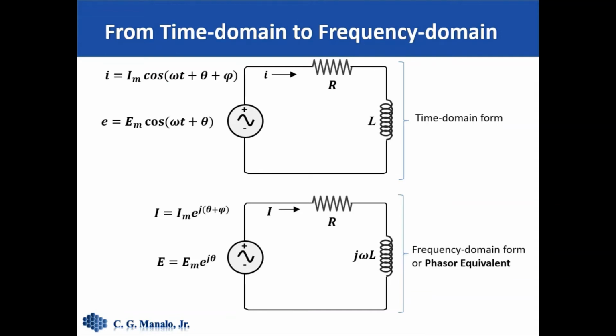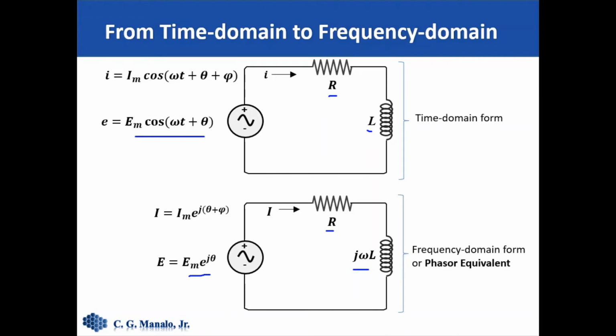So the source here becomes this source in the frequency domain equivalent, or phasor equivalent. The resistance is still the same. L here became j omega L in the frequency equivalent.